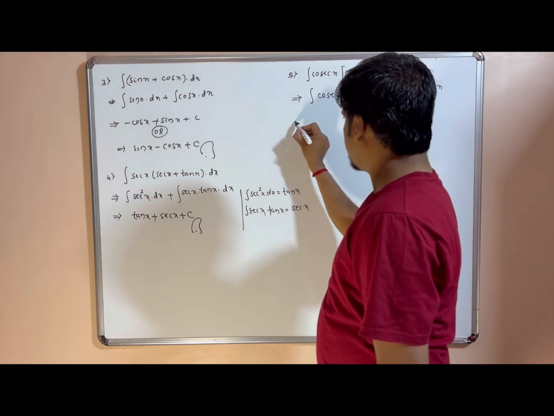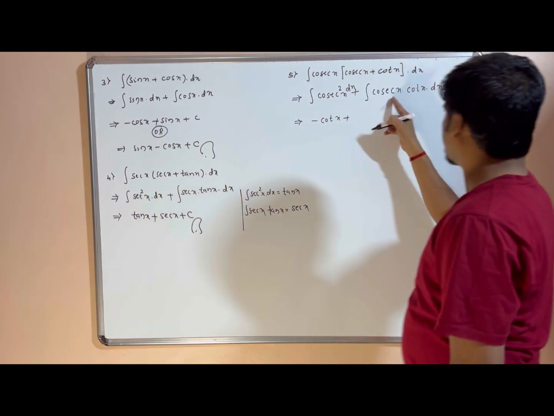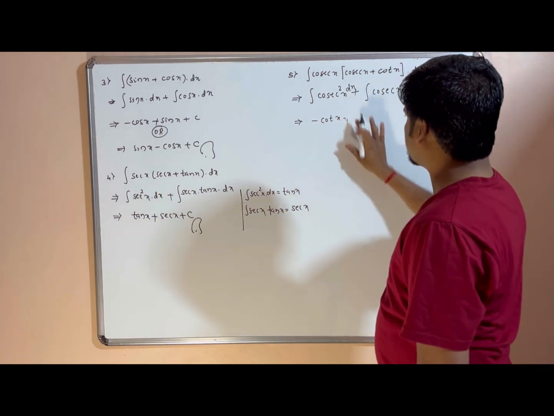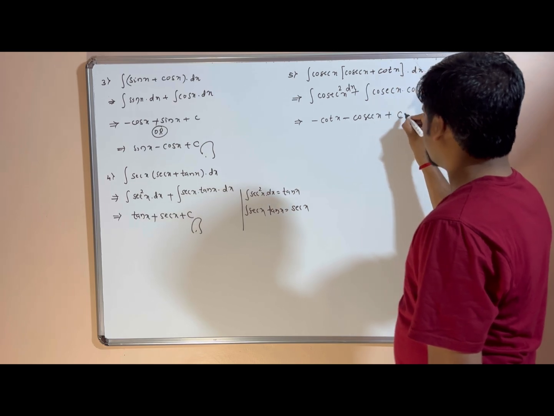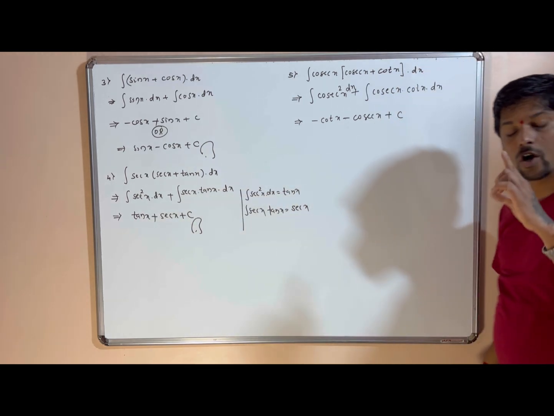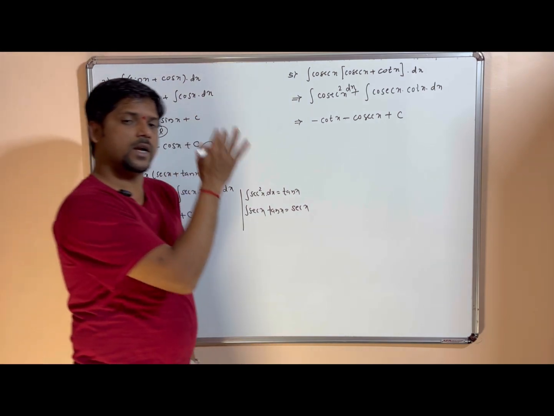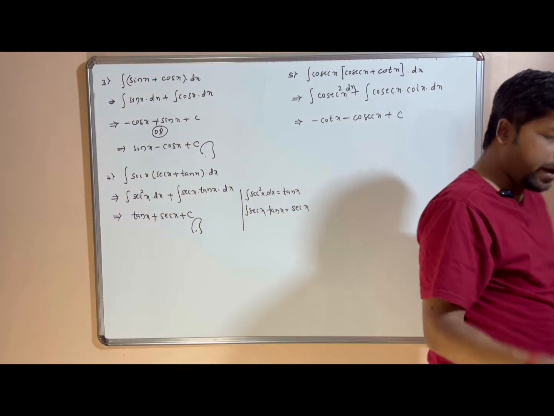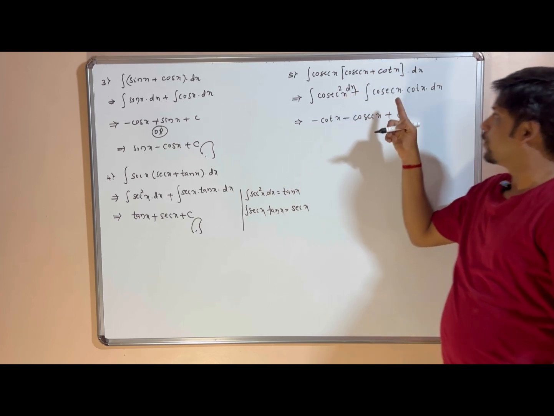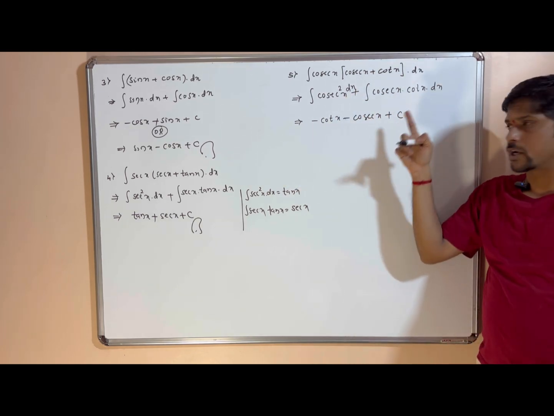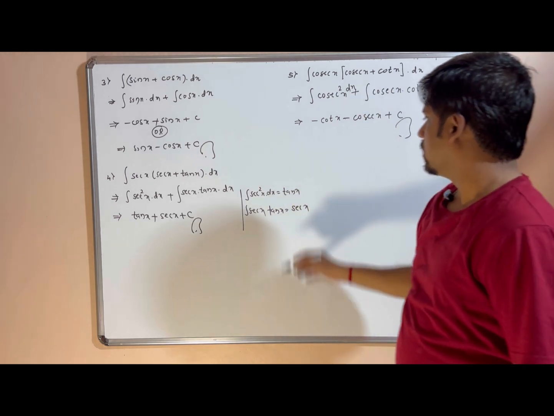So cosec square x integration is minus cot x, plus cosec x into cot x is minus cosec x, plus c, because in differentiation all the co-functions are negative. Reverse of that, here also we are going to get a negative, right? So therefore cosec square x integration is minus cot x, and cosec x into cot x integration is minus cosec x, plus c, which is the required solution.